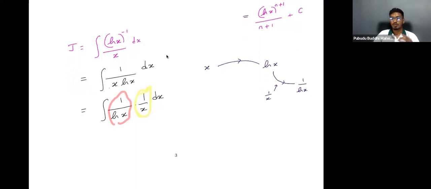Right? So oftentimes we use substitution for the inner function. So our substitution should be u equals natural log of x, and 1 over x is the derivative of natural log of x. Like this.